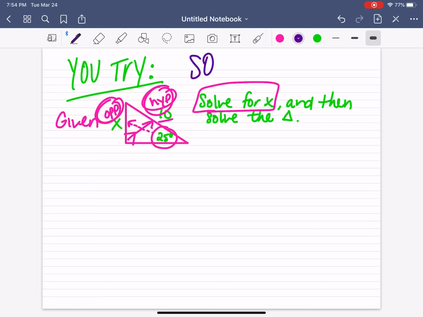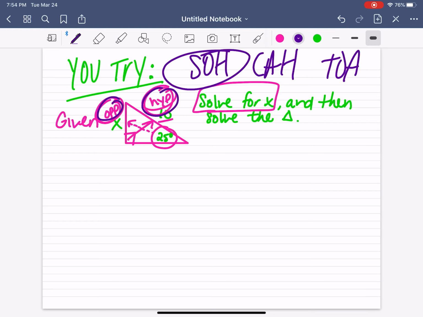So if I write my acronym down, again, we were given the opposite and hypotenuse. So again, for the third time, we'll be using sine. So the sine of theta, where the angle measurement is 25, is equal to opposite, which is x, divided by hypotenuse, which is 10.